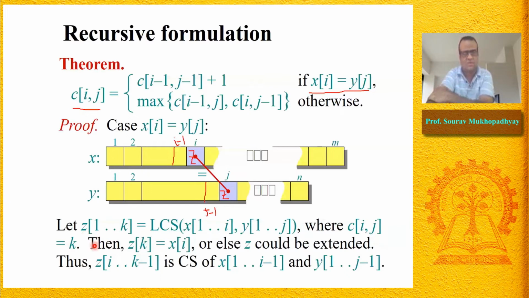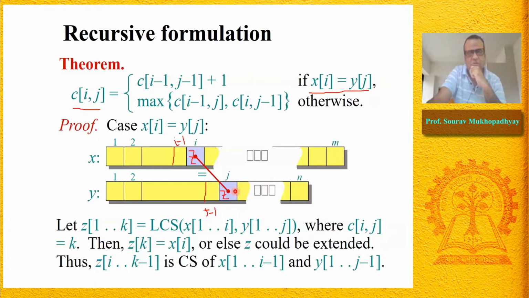Suppose this is one of them, z1 up to zk, and this is capital Z, and zk is the last one. We are claiming that this zk value has to be this common value.